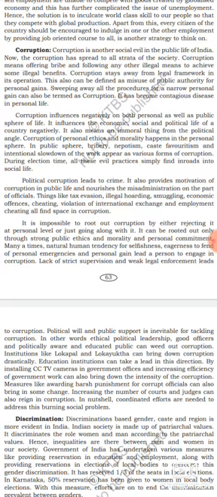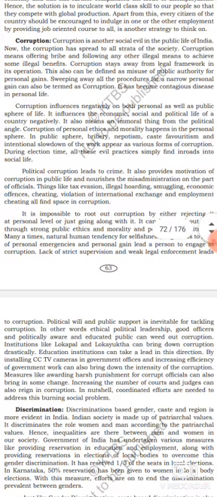Institutions like Lokpal and Lokayukta can bring down corruption drastically. Installing CCTV cameras in government offices and increasing the efficiency of government work can also bring down the intensity of corruption.